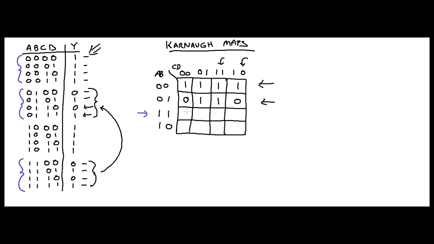So this is going to be the same. 0, 1, 1, 0. Now finally, we have the remaining group, and that's when A is equal to 1, B is equal to 0, right there. And if you notice, those values for y right here, they're all 1s, aren't they?